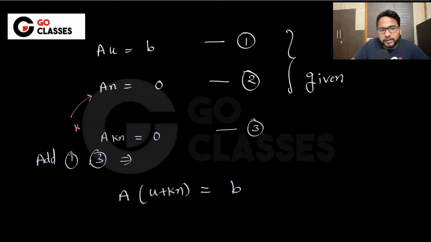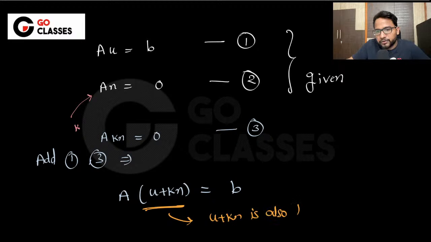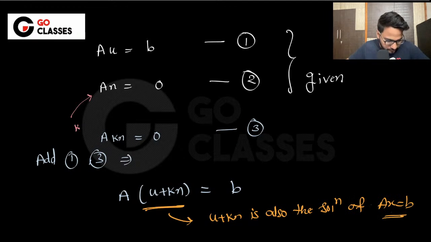So from here, can't you say that u plus kn is also the solution of Ax equal to b? Yeah, k could be positive or negative. It could be anything, right? So adding or subtraction, both are possible. So add, subtract, it is up to you.